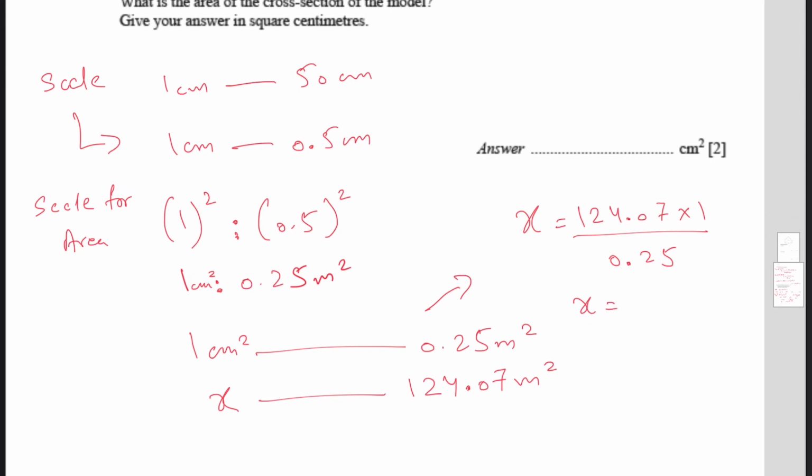X comes out to be, let's see what we get, 124.07 divided by 0.25 gives us 496.4 centimeter square. So you write it over here, 496.4, and we're done. I hope the question made sense.